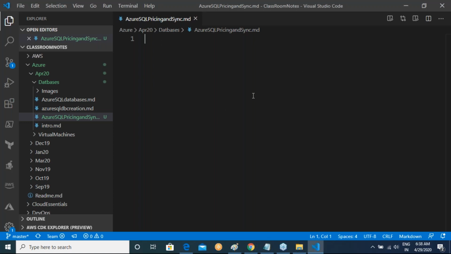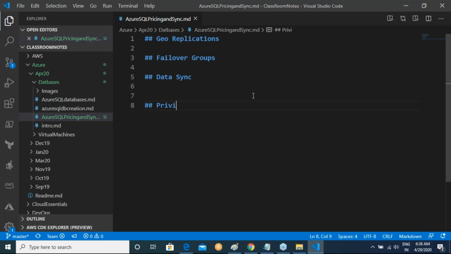Okay. So let me start with today. I'll try to speak about these topics: geo replications, something called failover groups, and data sync. And then pricing, we will compare the DTU versus vCore model.